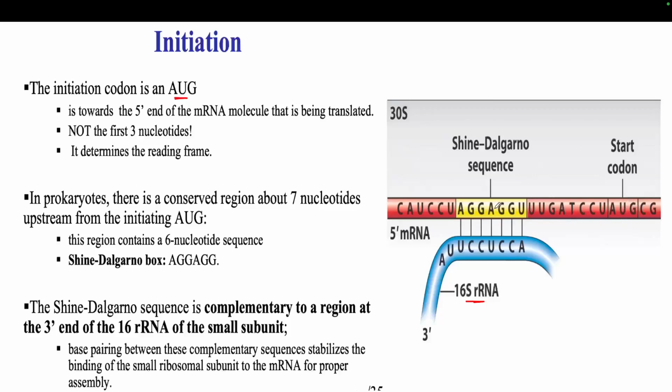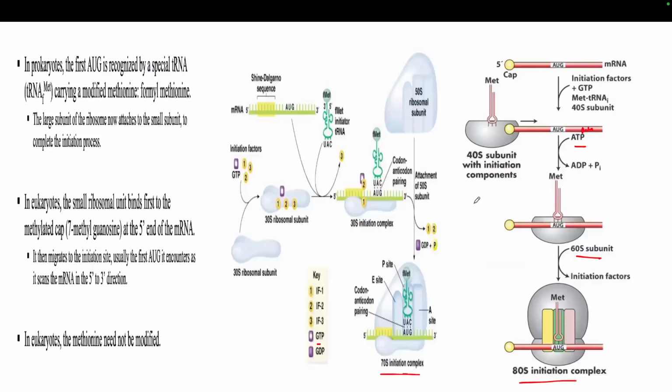But in the case of eukaryotes, there is nothing like a Shine-Dalgarno sequence. The mRNA is already methylated at the 5' end, which is called the methylated cap. The 40S subunit, with the help of 18S rRNA, will recognize this methylated cap, and after recognizing it, it will slide on this mRNA and reach the AUG site, which is present in the Kozak sequence.